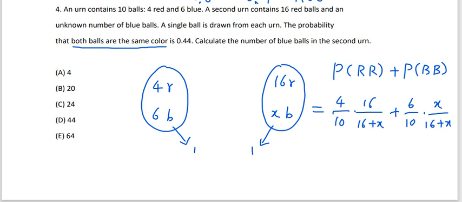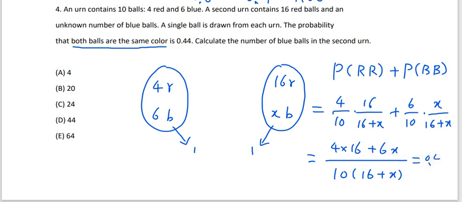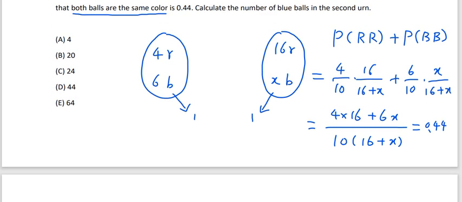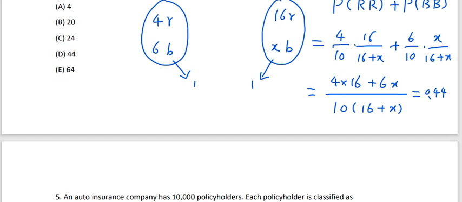So at first, maybe we just put them together. So let's say this is like 10 times 16 plus x. So 4 times 16 plus 6x equals 44. So now let's solve this equation.